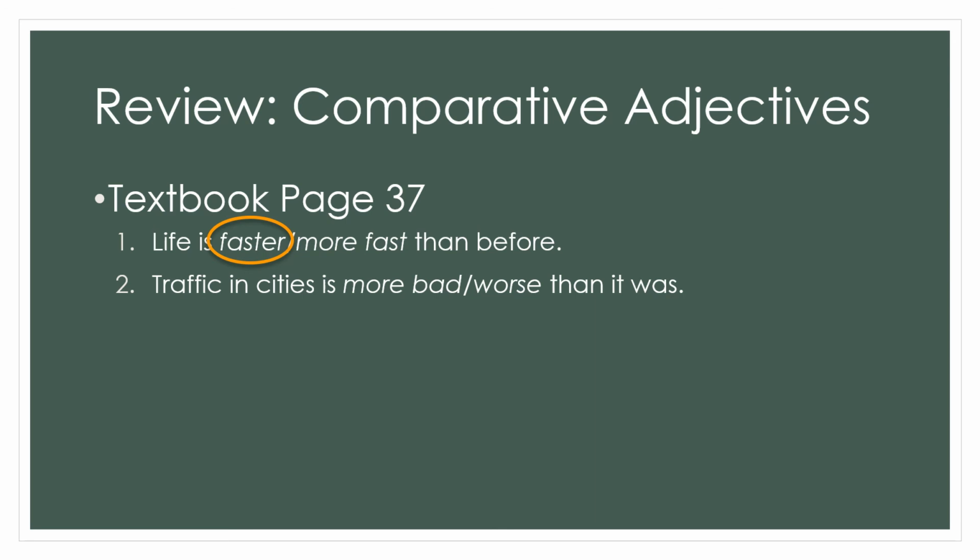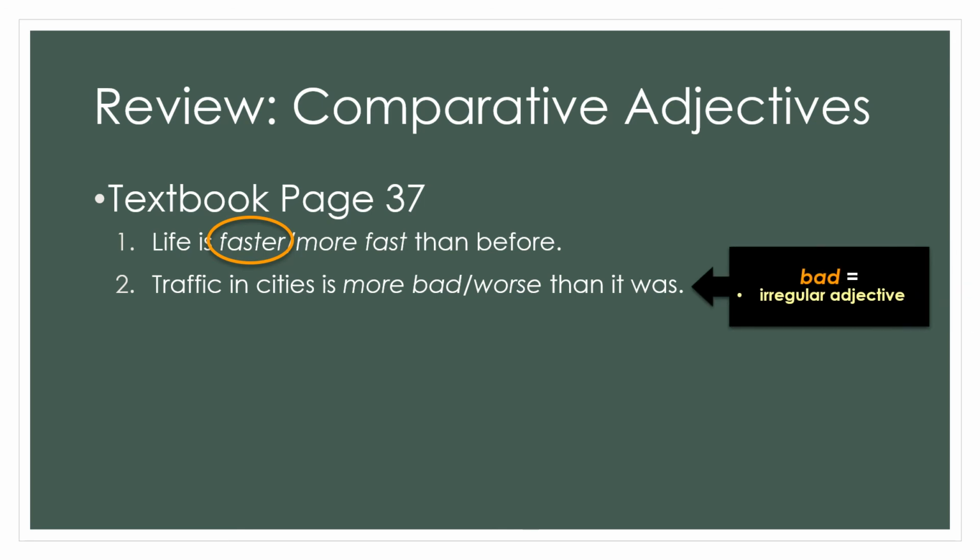Traffic in cities is more bad or worse than it was. The adjective bad is an irregular adjective. So in order to make the adjective bad a comparative adjective, you change it into the word worse. So the correct answer is traffic in cities is worse than it was.